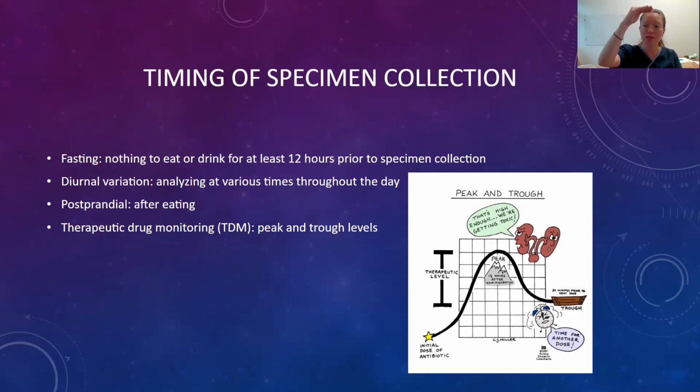So we want to see the peak, what's the highest that level is in the blood, and then the trough, that's the lowest. And typically that's when you draw blood right before the next dose is due. That's when it's expected to have the lowest levels in the blood. And the doctor monitors this to know what's the appropriate dosage and what are the appropriate times to take the medicine as well. So timing is super important when they're trying to monitor drug levels in the blood.